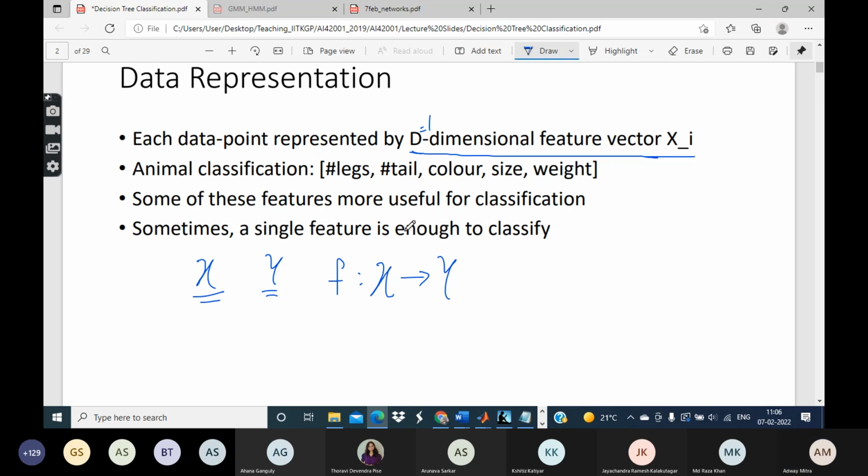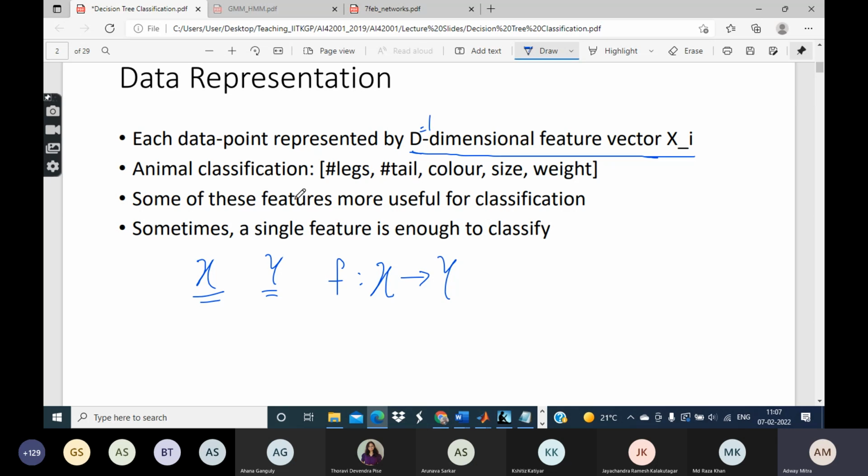Now, what exactly that feature space is depends on the user, on how the user chooses to represent their observations. Suppose the task we are dealing with is a very simple task of animal classification. That is, you are given various animals and you have to classify them as to which species they belong to.